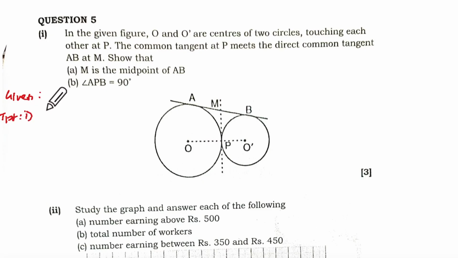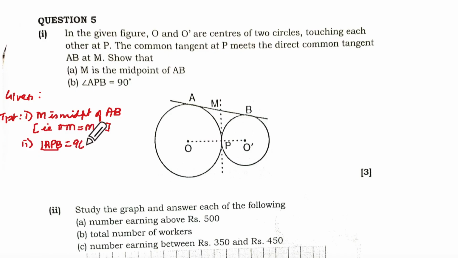The first one is M is the midpoint of AB, that is AM equal to MB, and the second one angle APB equal to 90 degrees. Now in this case I will have to just show you the steps. I'm not writing the whole thing.